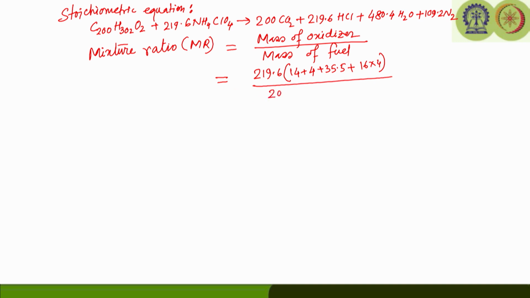So, 200 into 12 for carbon, 302 into 1 for hydrogen, plus 2 into 16. If you solve this, you will get 9.44. So, that is essentially the mixture ratio. This is the answer for question number A.